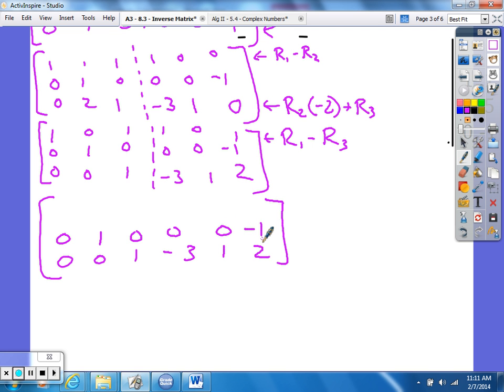Okay, row 1 minus row 3. 1 minus negative 3 would be 4. 0 minus 1. 1 minus 2. Okay. So the inverse of that one, of the original, is this.